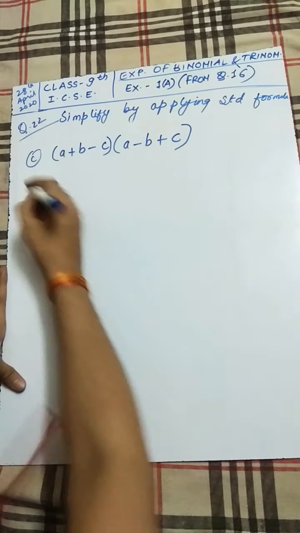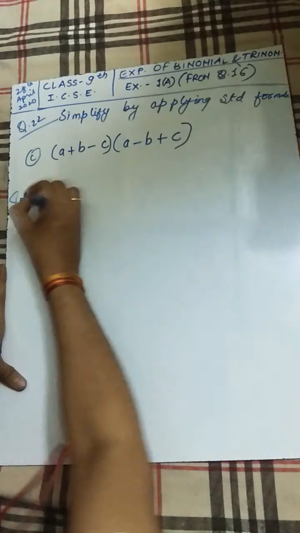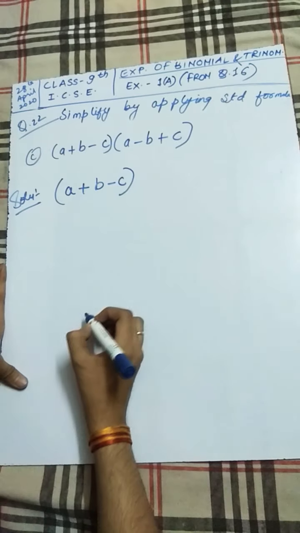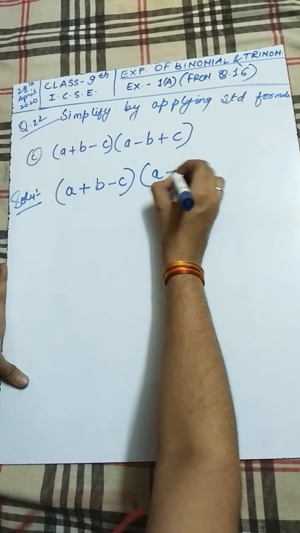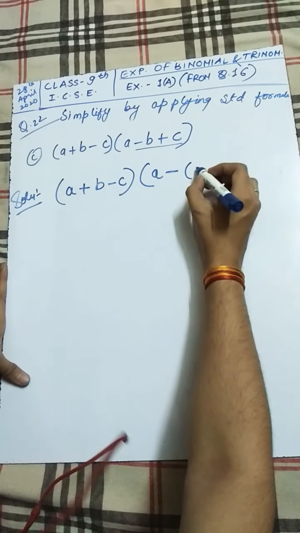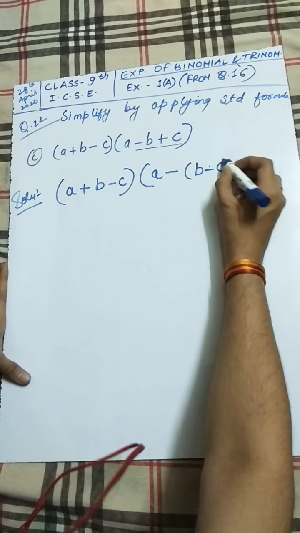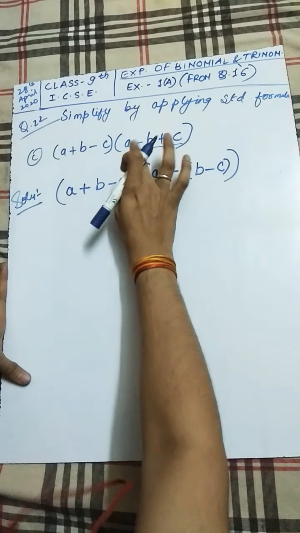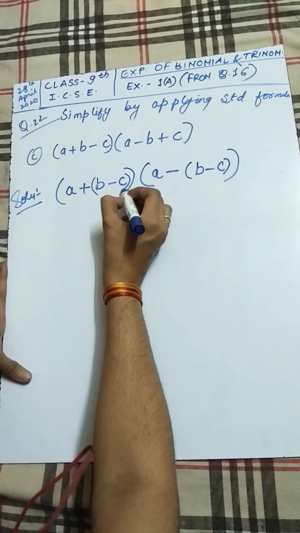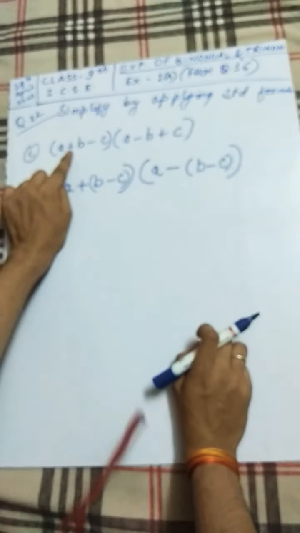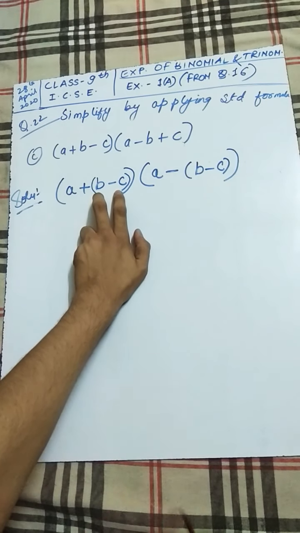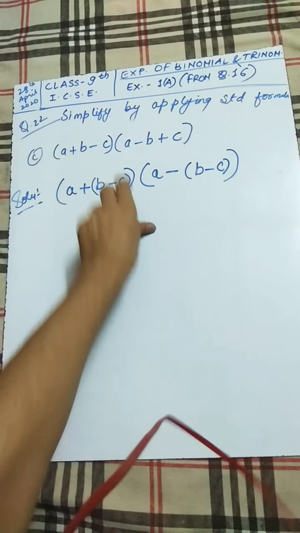Okay, see, solution. (a plus b minus c), (a minus, I'm taking minus common from this one, take minus common, so what you will get? Bracket b minus c). Can we get like this? See what I'm doing, and also I'm making this as one unit. A plus sign here, these two I have taken in the bracket, no problem in this one, into a here.